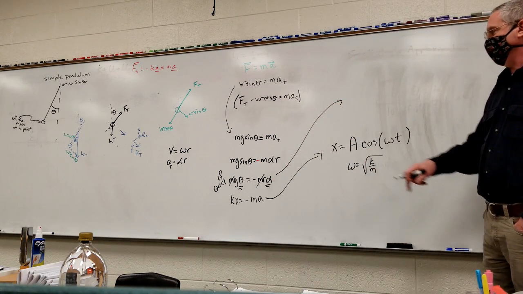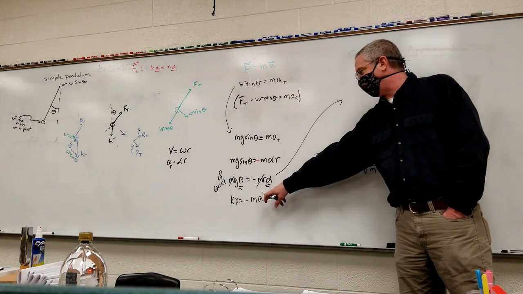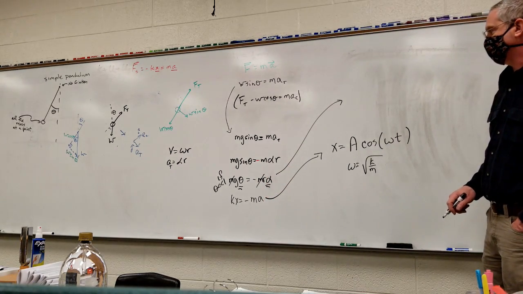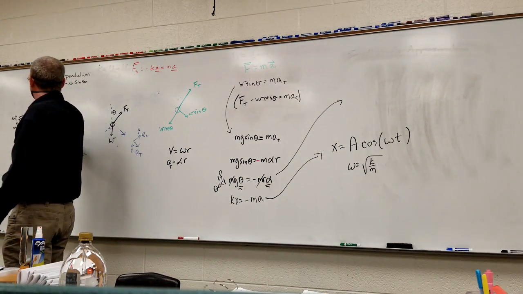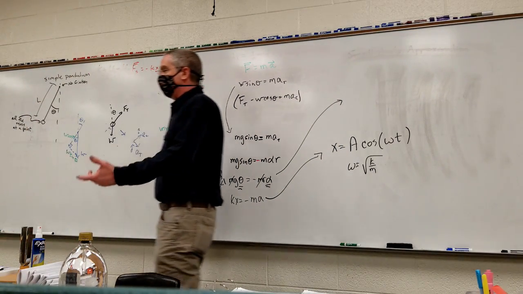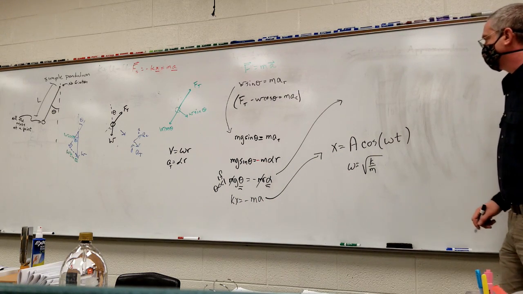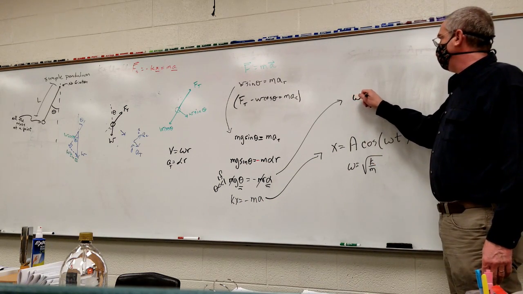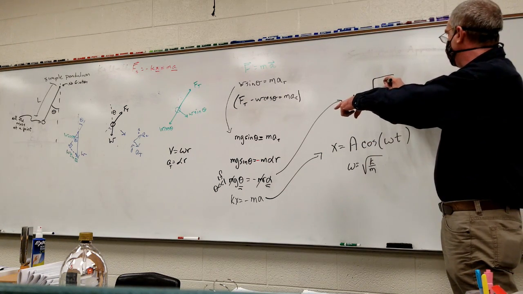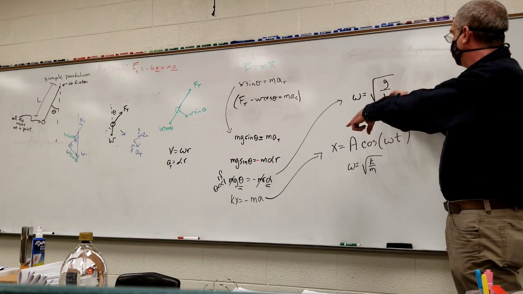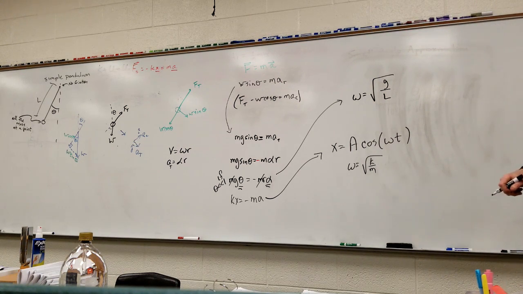If we parallel it, instead of k we have g, instead of m we have r, which is basically the radius here. It is this length, that's r. And so omega now becomes the square root of, instead of k, I have g, instead of mass, I have length, l.